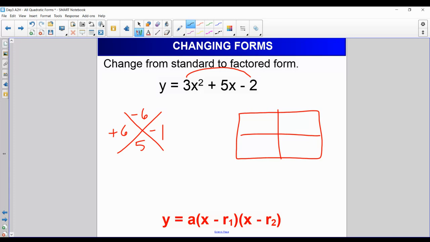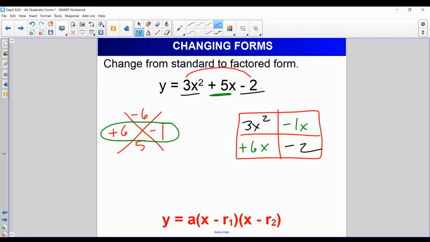I'm going to take 3x squared and negative 2 from my original. Now remember, I have split this positive 5 into two different terms. So I have plus 6x minus 1x. And now I'm going to look for common factors.